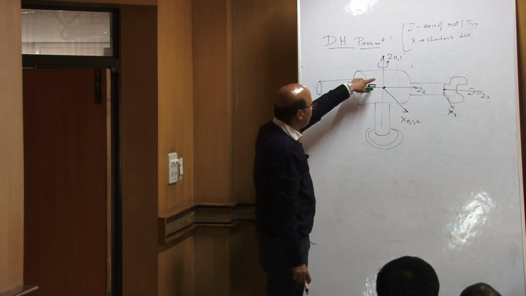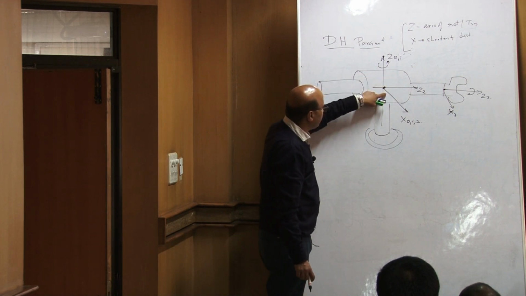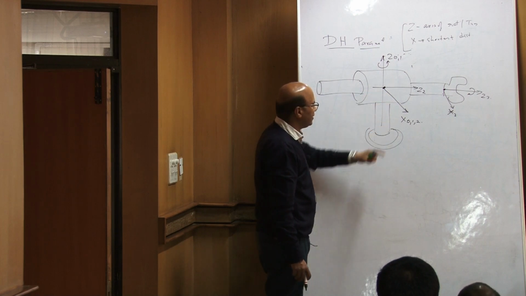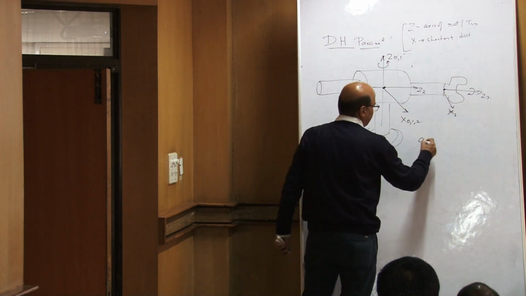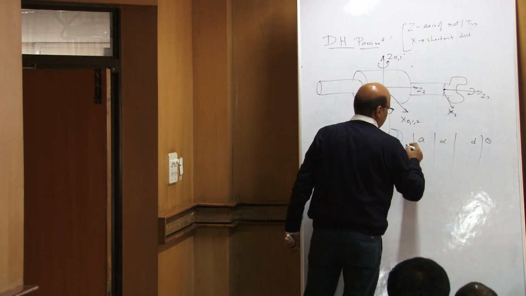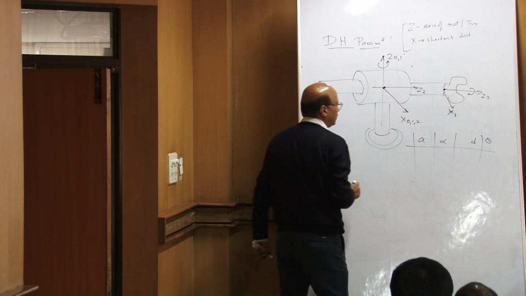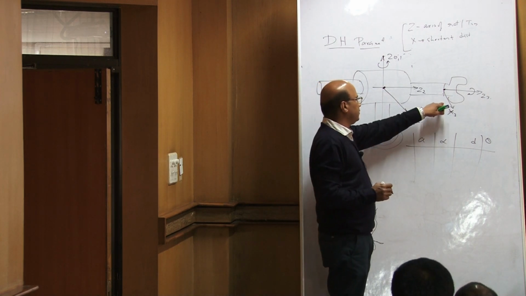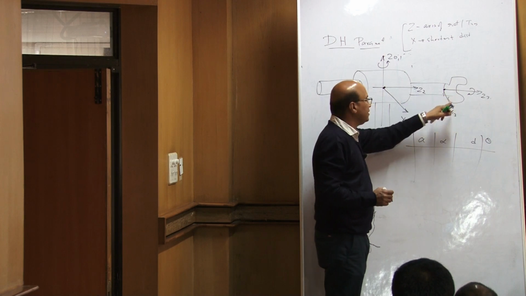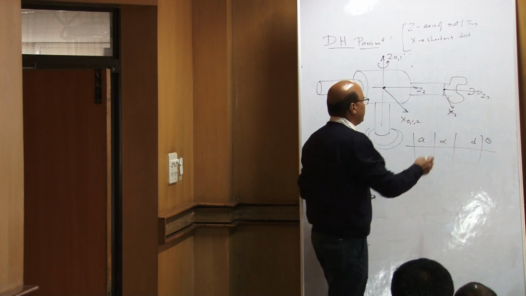Here just note that the z axes are intersecting, so I'm taking x perpendicular to the plane containing the z axes. Now I'm writing my a, alpha. So x2 and x3 are here. So x3 could have been taken.